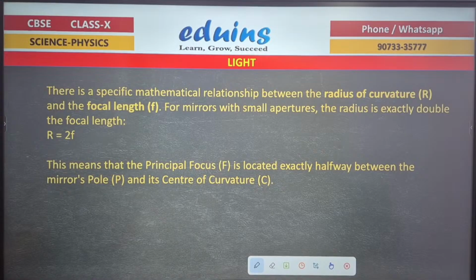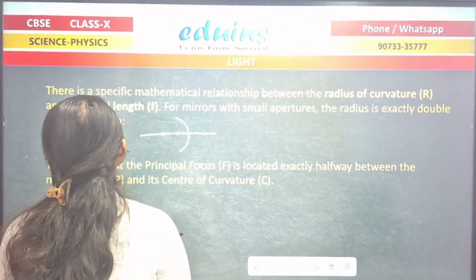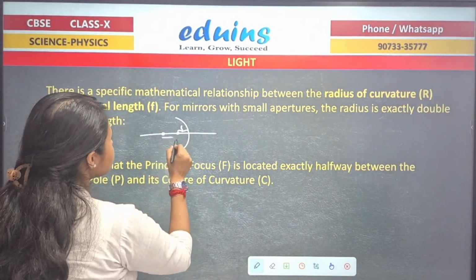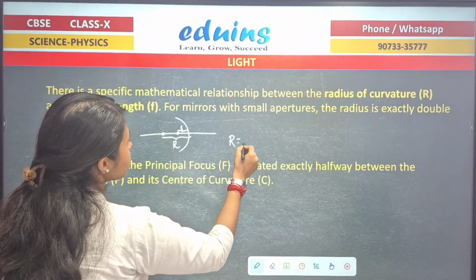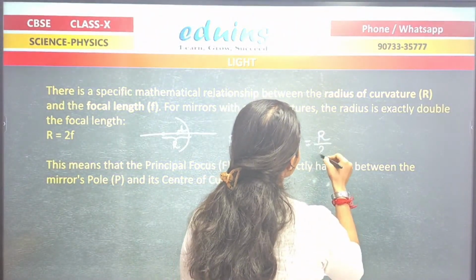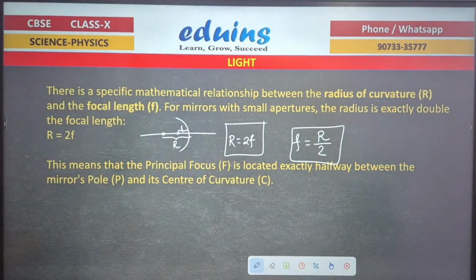That means the radius of curvature is twice the focal length. If this is focal length f, then this is R, the radius of curvature, R is 2 into f, or f is half of R. This is important to remember. This means that the principal focus is located exactly halfway between the mirror's pole and the center of curvature. This is the basic idea.